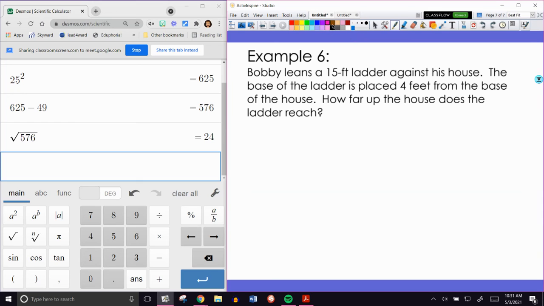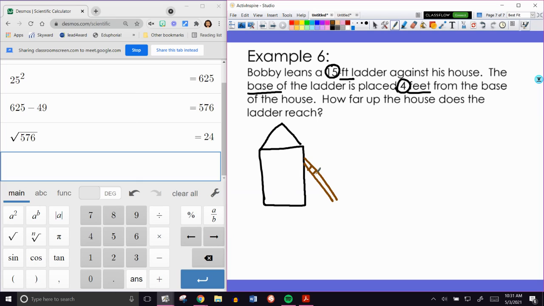Now I do want to go ahead and draw a picture with this one. It says, Bobby leans a 15-foot ladder against his house. The base of the ladder is placed 4 feet from the base of the house. How far up the house does the ladder reach? So here's my picture. Here's Bobby's house. Here's Bobby's ladder.